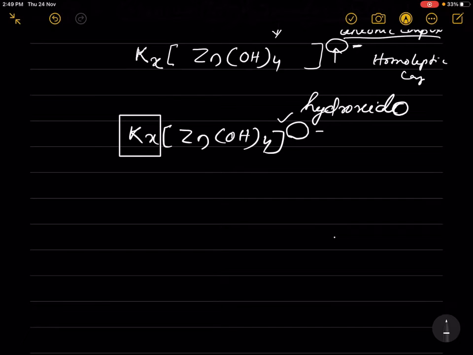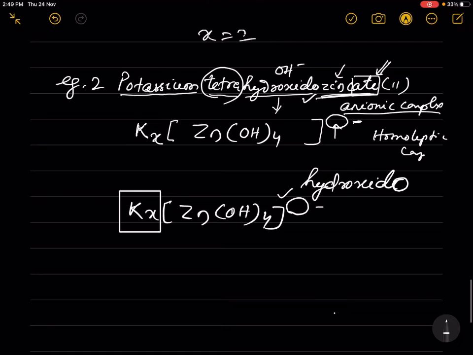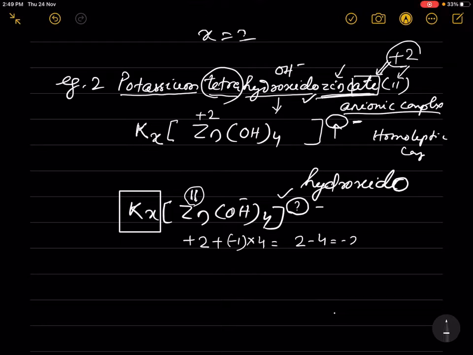Here the upper Roman numeral for zinc is 2, means its oxidation number is plus 2, or the charge on zinc is plus 2. So let us find the charge here. Zinc, Roman numeral 2, means plus 2. OH minus means minus 1 into 4. 2 minus 4 is equal to minus 2.